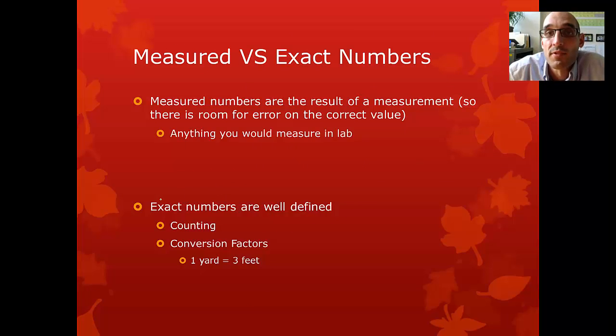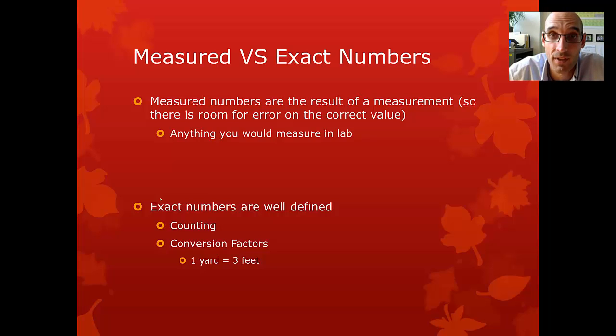There are two different types of numbers that we're interested in. Measured numbers versus exact numbers. A measured number is the result of a measurement. So when you measure something in the lab, whether it's weighing something on the balance, reading a graduated cylinder, or taking a reading from some kind of infrared or UV-vis, those are all measured, right? They're dependent on the person reading them, and they're dependent on the instrument you actually read them from.